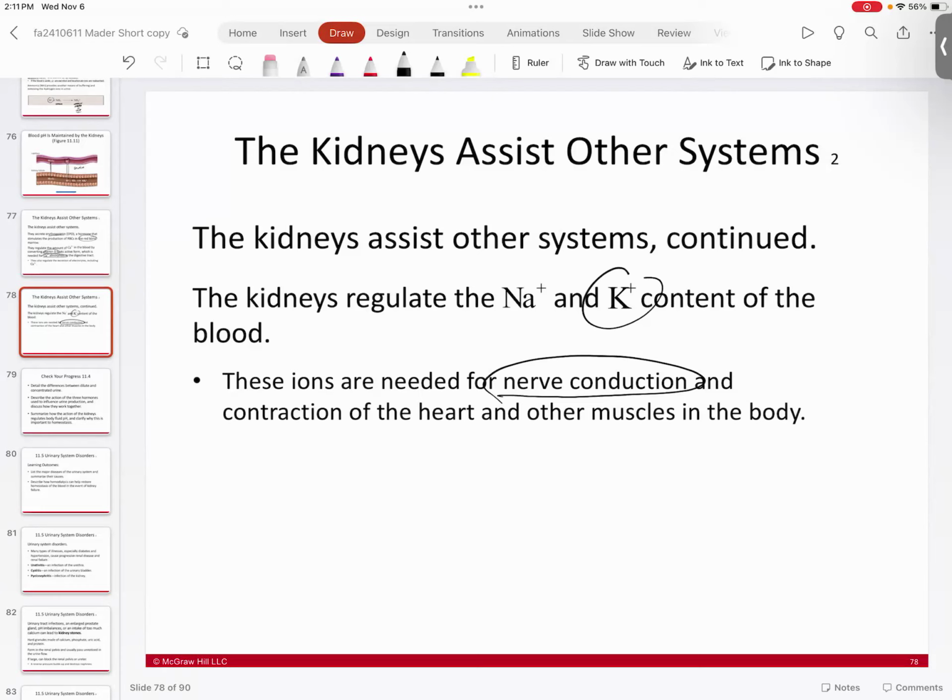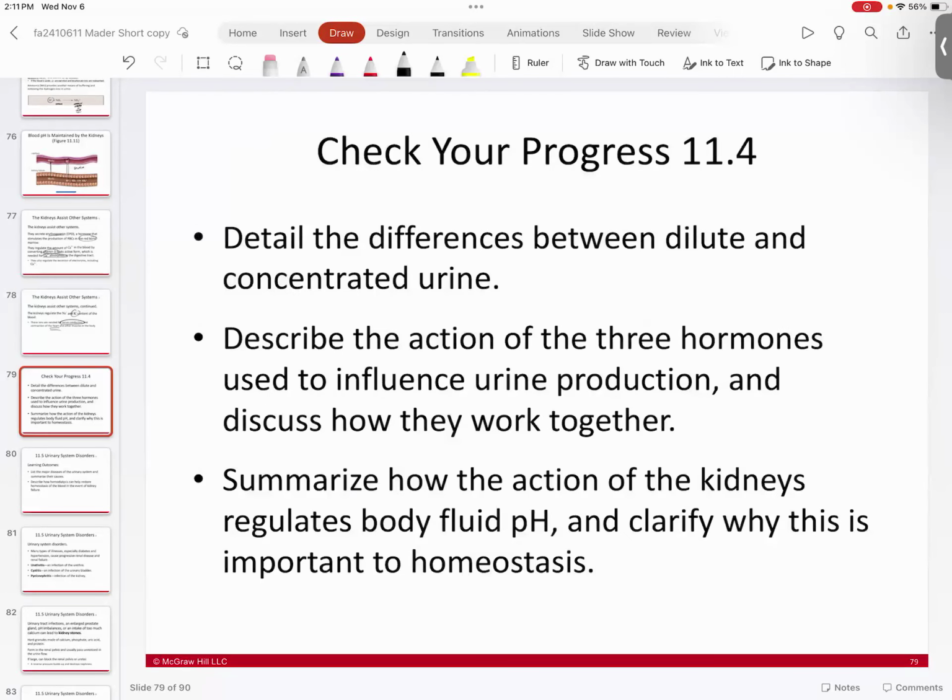So a muscle contraction, including your heart, requires at least three ions to function. It requires sodium and potassium as part of the neural signal to tell the muscle to contract in the first place, and it also needs calcium as part of its contraction mechanism. So the kidneys are actually involved in all three.